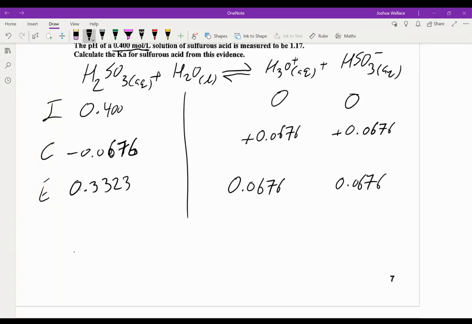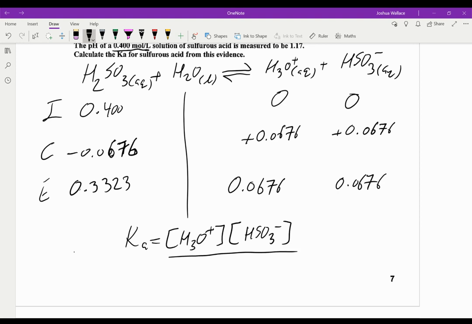And then my Ka equals H3O plus times HSO3 minus over H2SO3.